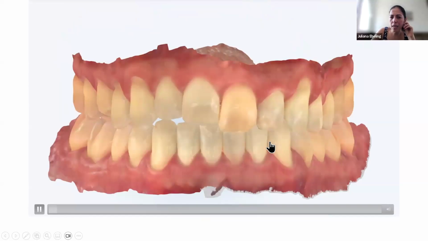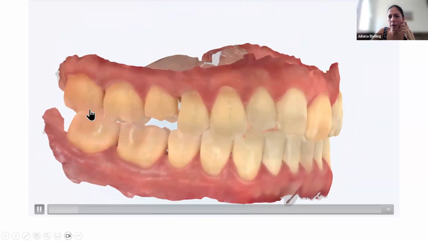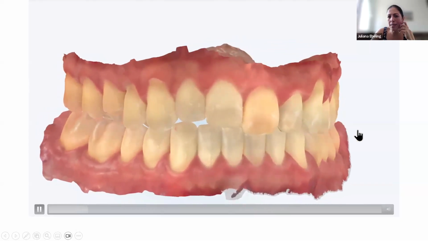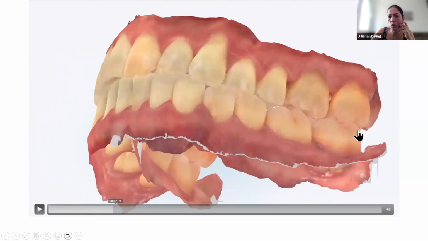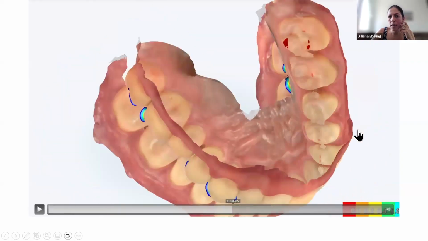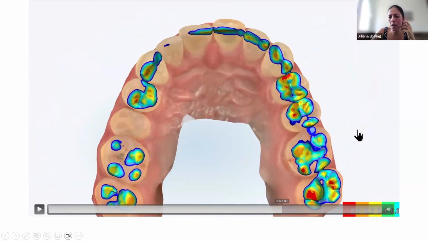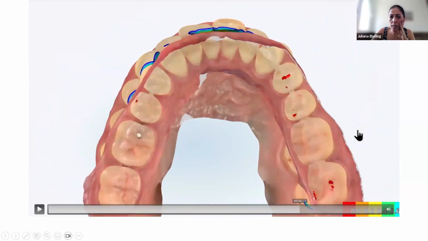And then here is an intermediate phase of the case where I reanatomize some occlusal surfaces. And then we get a little better distribution. You see this case until the end.